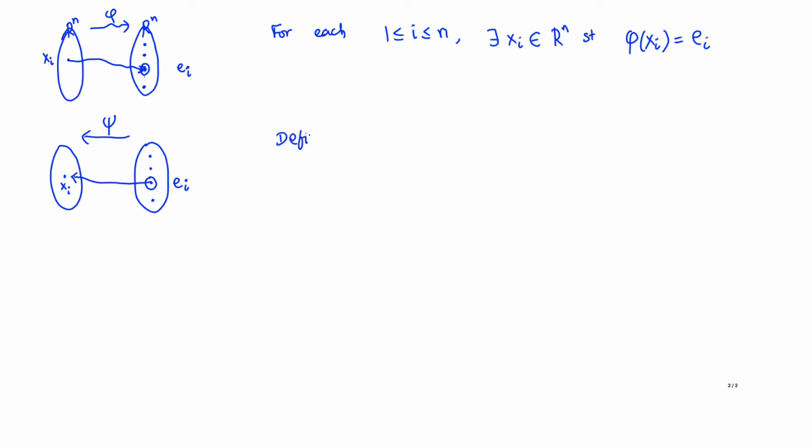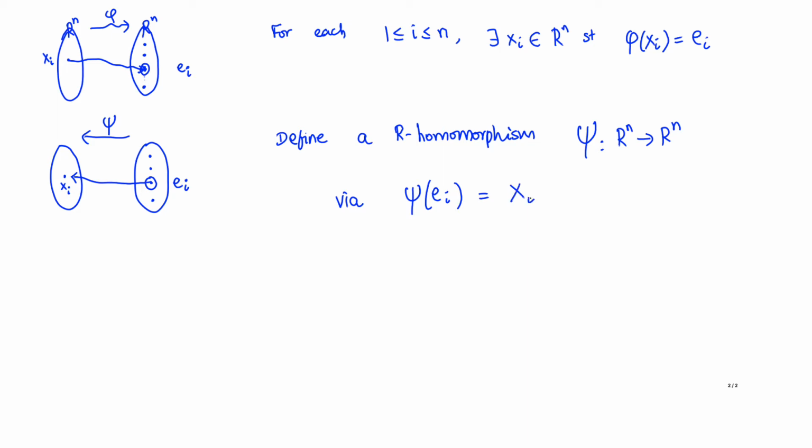So define an R-module homomorphism psi from R^n to R^n by prescribing its values on the e_i. Recall, if I tell you what a homomorphism does to each e_i, then it is uniquely determined. In this case, I want the e_i's to map to x_i, and that now defines a homomorphism uniquely.